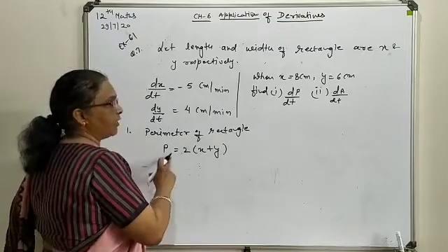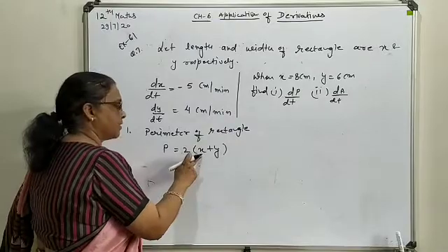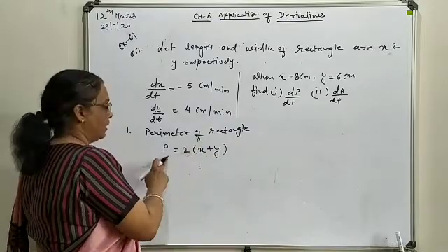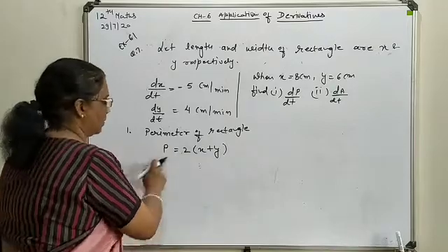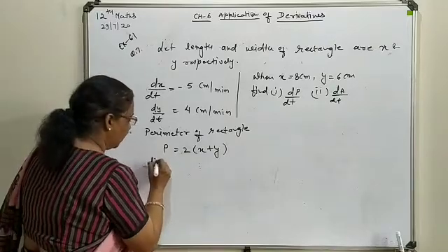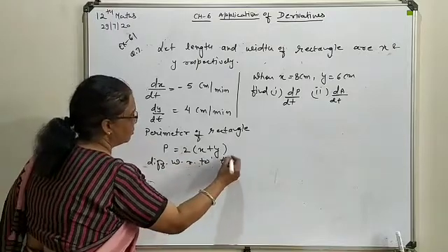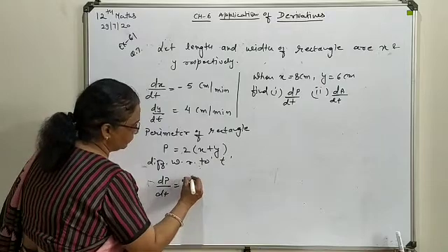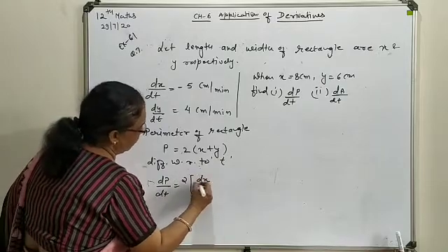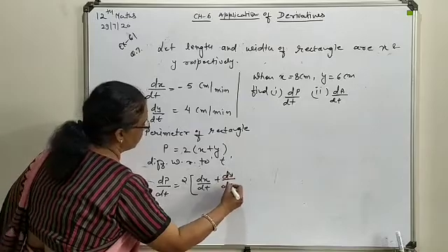Now differentiate both sides because we are in need of dp by dt. x and y both are the parameters, so differentiate them with respect to t. So dp by dt is 2 times dx by dt plus dy by dt.